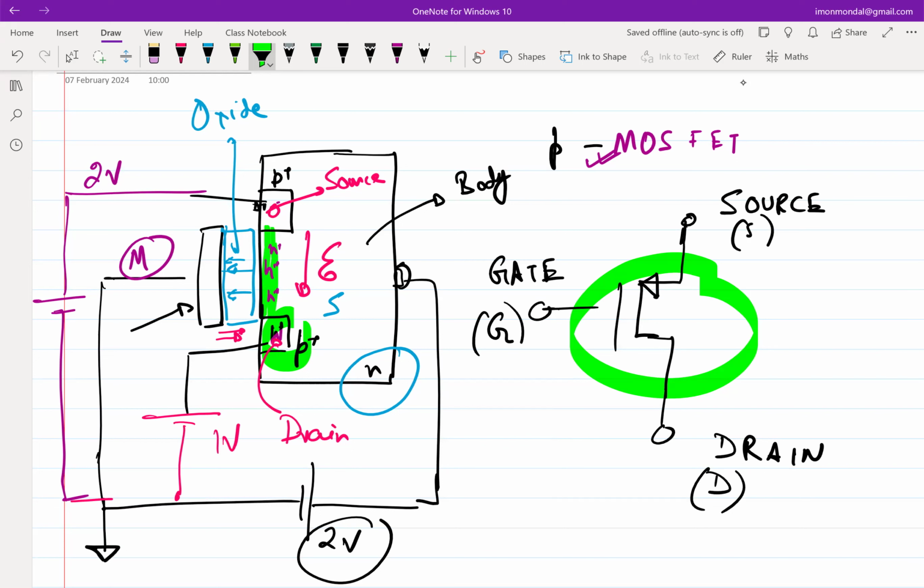So how would you establish which side is the source? Because the device in a way is symmetric, but the symbol is asymmetric. Let's say I don't give you the arrow. How will you establish which side is the source then?